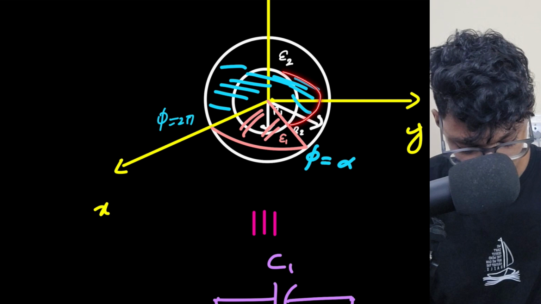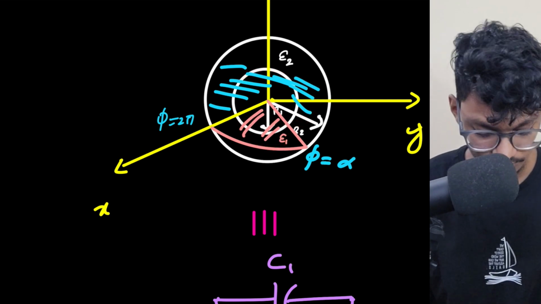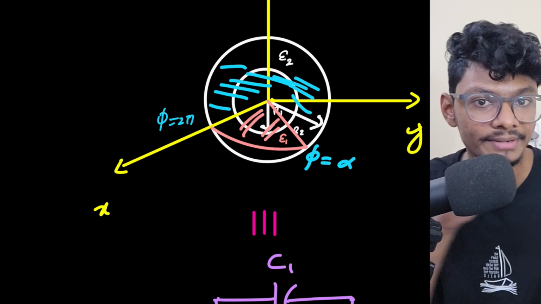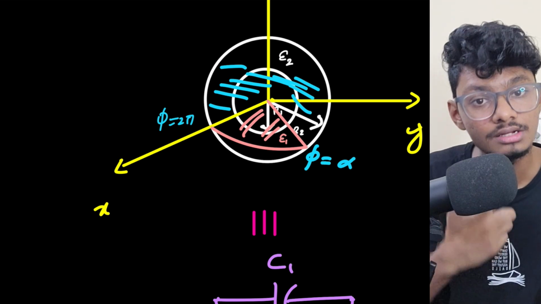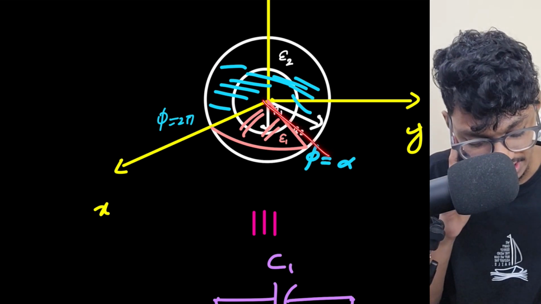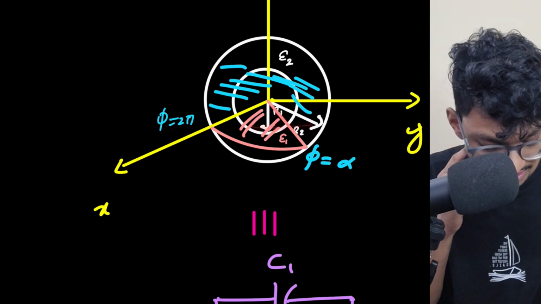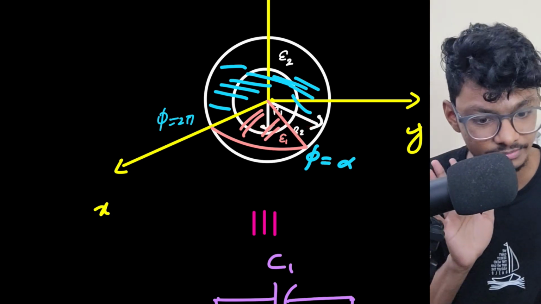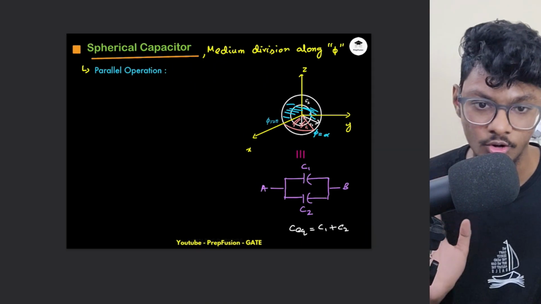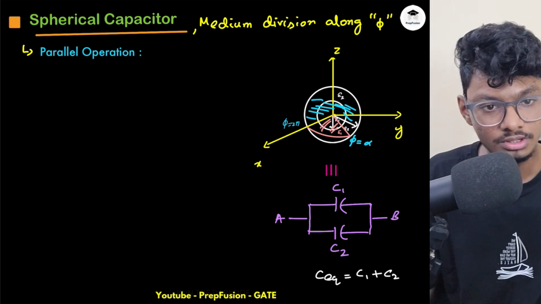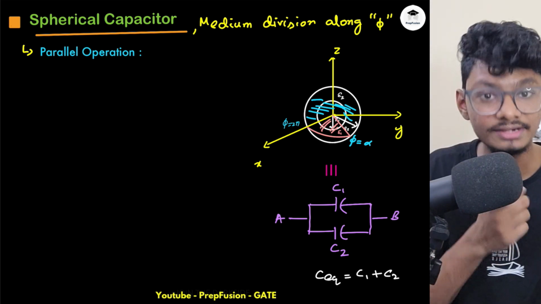This whole region is medium 2 with epsilon 2, and this whole region is medium 1. I am varying along the a_phi direction, and a_phi is again tangential to the interface because the electric field is in the a_phi direction. So again the interface is tangential to the field, and hence again this will be a parallel combination.